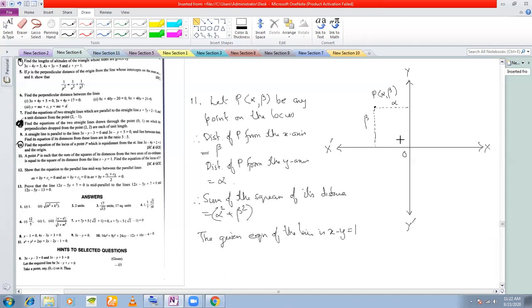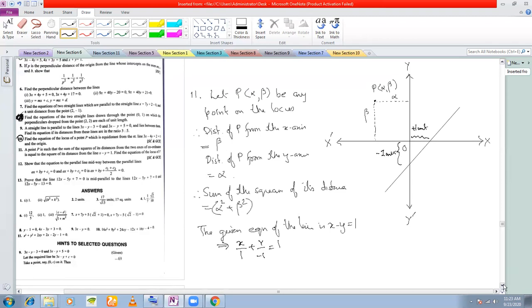So this line will look something like this. Because the x-intercept is positive, this is plus 1 unit, and this will be minus 1 unit. Why? Because this can be written as x by 1 plus y by minus 1 equals 1.